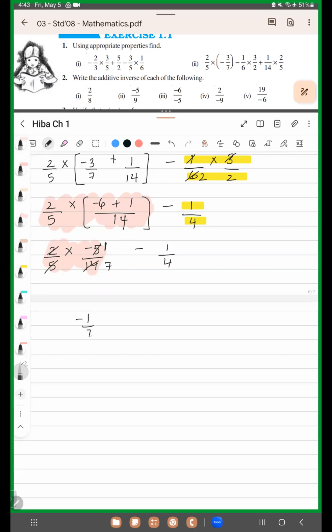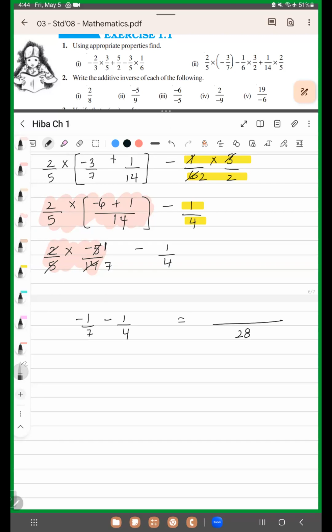-1 by 7. And what do we have? अब क्या बच रहा है उसमें? -1 by 4. 1 by 4. इसको solve करिए. What's the LCM? 28. हाँ 28। ऊपर क्या आएगा न्यूमरेटर में? -7.